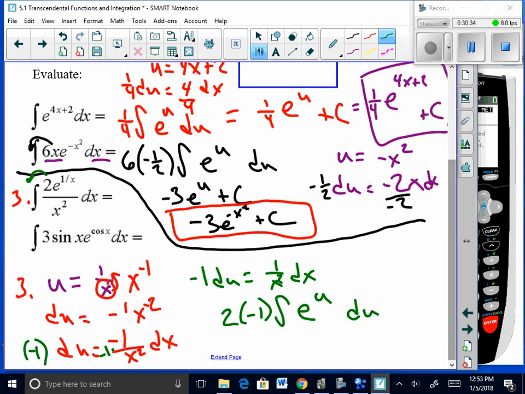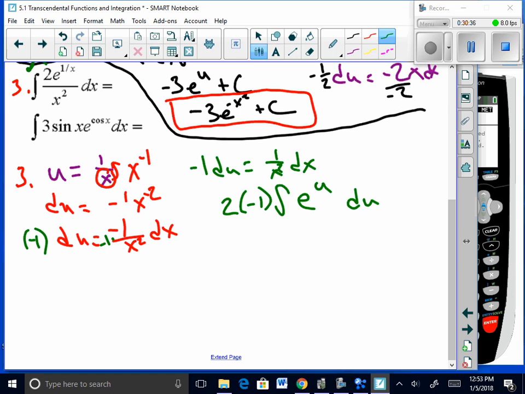So then from here, 2 times -1 is -2. The antiderivative of e to the u was what? Perfect. E to the u plus a constant labeled c. Okay. So then I get -2 e to the u, and u was originally 1 over x plus a constant.